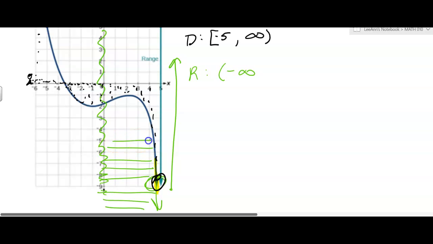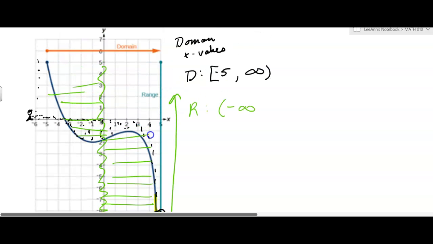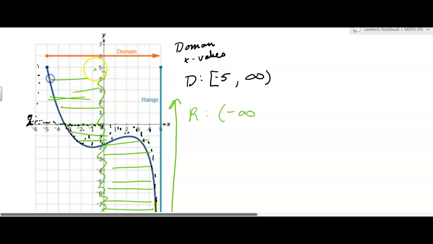I'm jumping sideways now, and I can still get to the graph until, I'm going to scroll back up, until I get to right there, that's the last point I can get to, which happens to be a 5. So my range is going from -infinity to 5. Now, that 5 is included because that is a solid dot there, okay? If it had been an open dot, then we wouldn't include it.